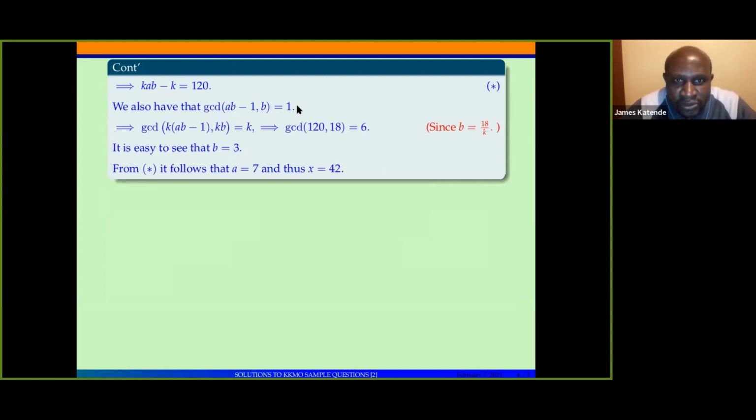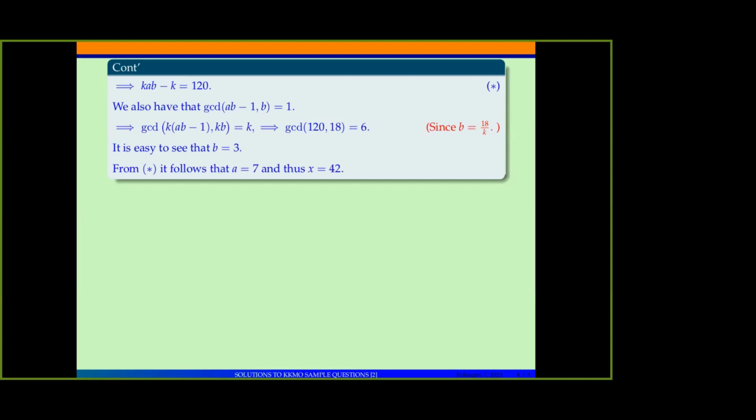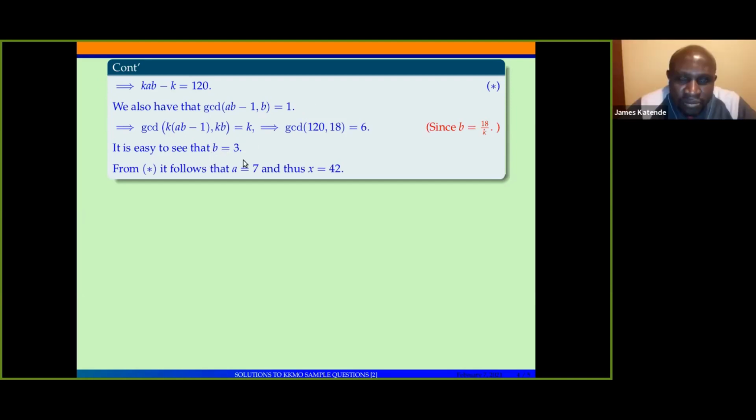So the only option is the GCD of ab minus 1 and b is equal to 1. So that means if you multiply ab minus 1 by k and b by k, then the GCD of k multiplied by (ab minus 1) and kb must be equal to k.